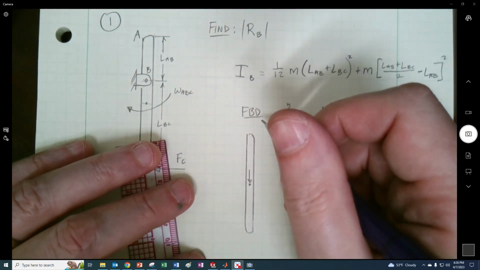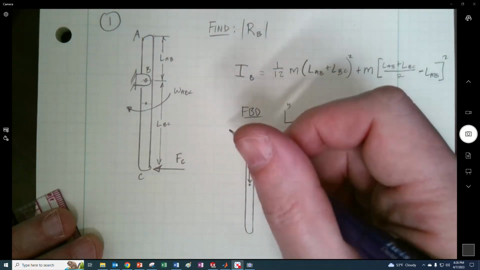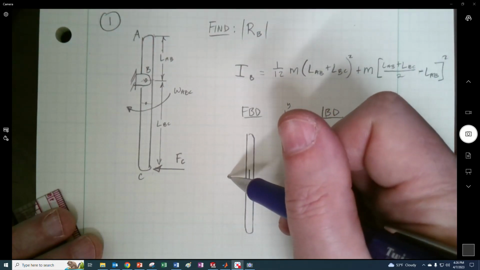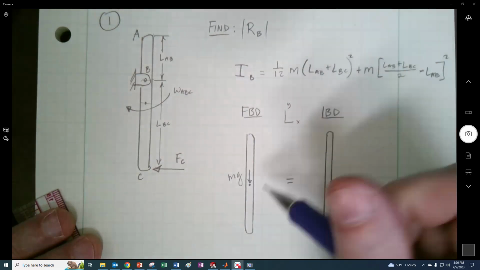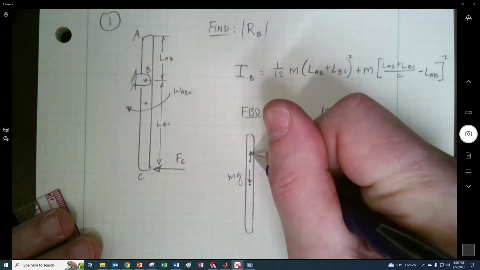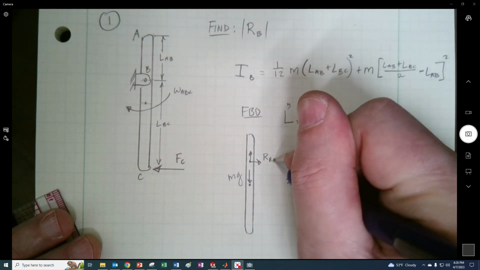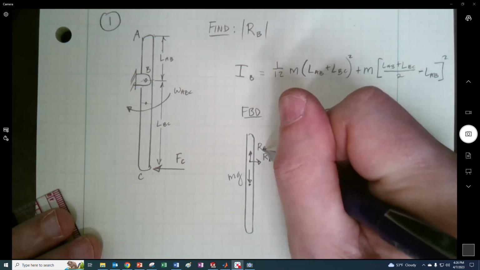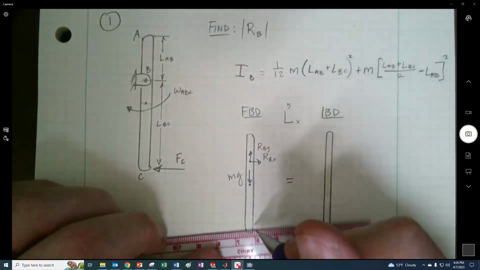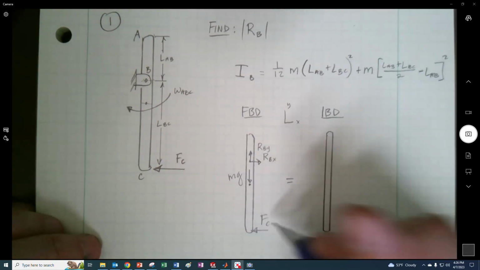I can't remember if this is in US units or in SI, so I'm just going to go mg right there, or we could put the weight. And then right up here, I'll put the reactions. So here's RBX, RBY, and then lastly we have a force down here, FC.